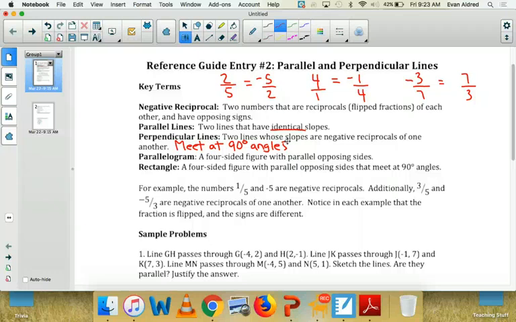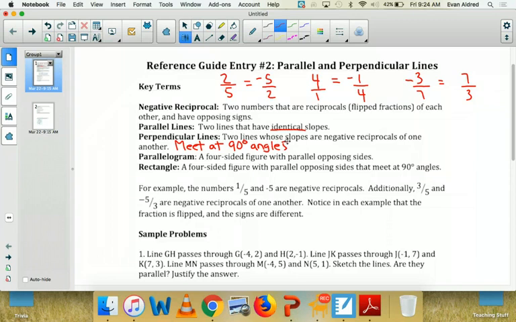Now, when we look at the definition for rectangle, we'll see a very similar start. In fact, the first 8 words are exactly the same. A 4-sided figure with parallel opposing sides. But now there's additional criteria that must be met in order for something to be a rectangle. The opposing sides must meet at 90-degree angles, which must mean, if we bring this back to where we started, that the opposing sides must be negative reciprocals of one another.